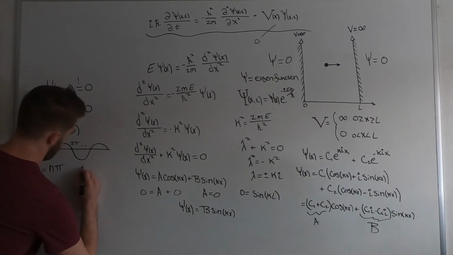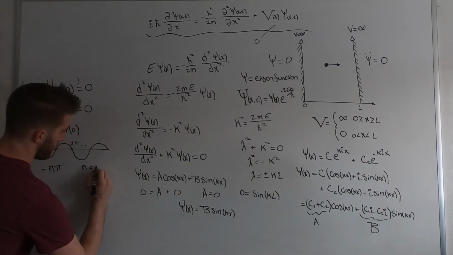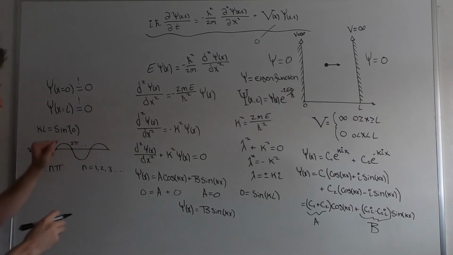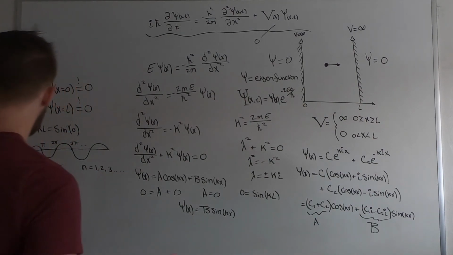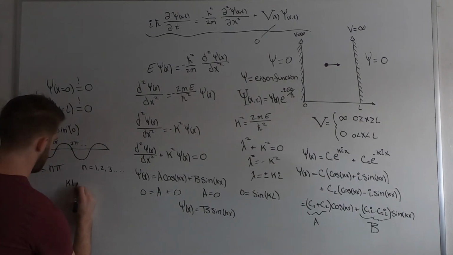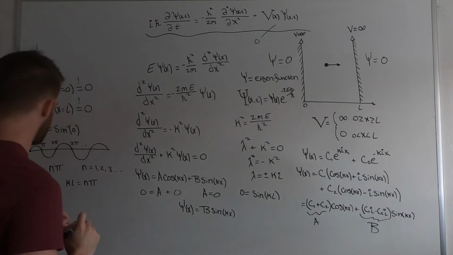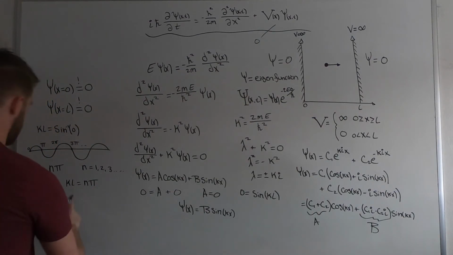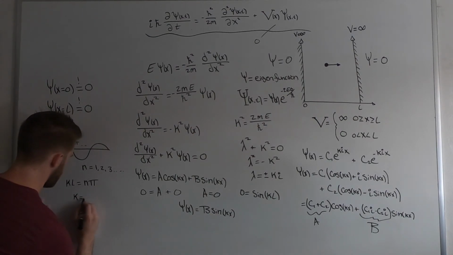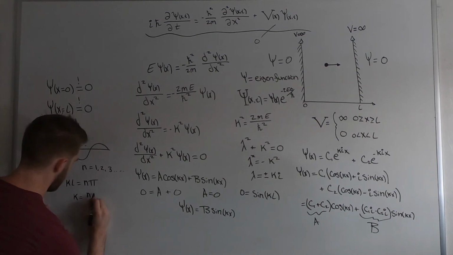So n can take all values 1, 2, 3, and so on, and this condition will hold. So KL is equal to n times pi, and we can solve for k here: k is equal to n pi over L.